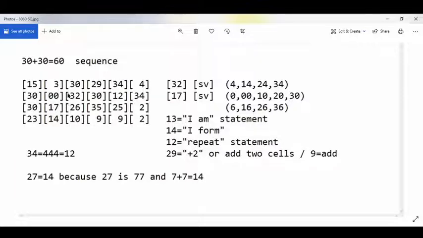It says I am 27, and that is equal to 14. So why is that? Okay, 27 is equal to 14 because it says 2 7s, right? And what is 2 7s? 7, 7. And 7 plus 7 is equal to 14. So if you ever see a 14, it'll link to a 27. If you ever see a 27, it'll link to a 14. So remember that, and you'll be okay.